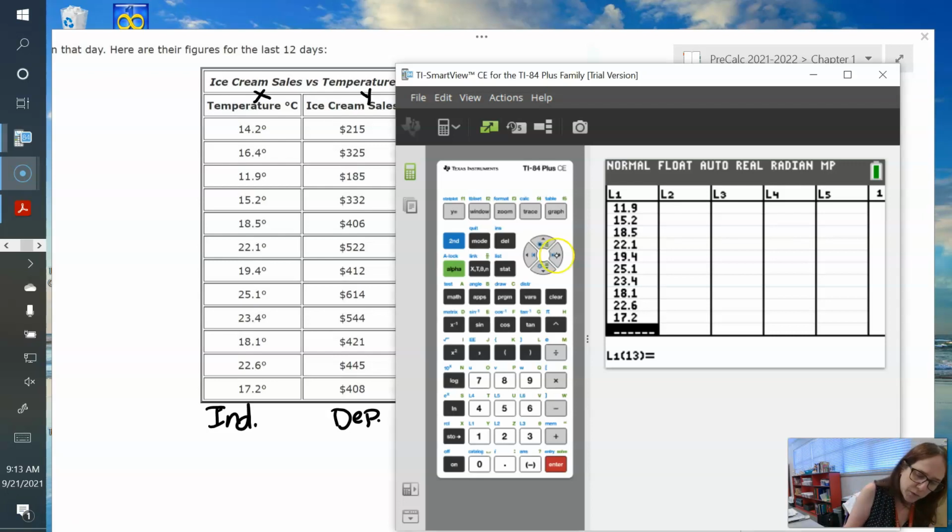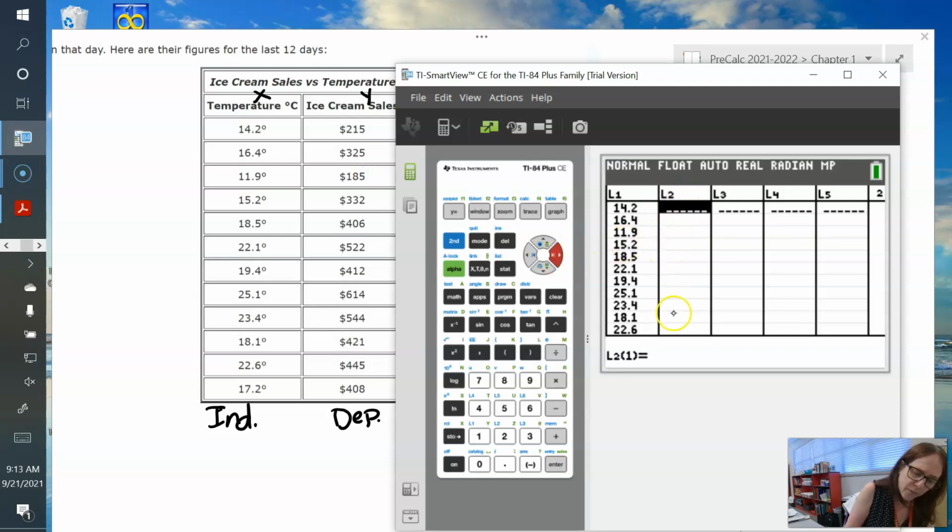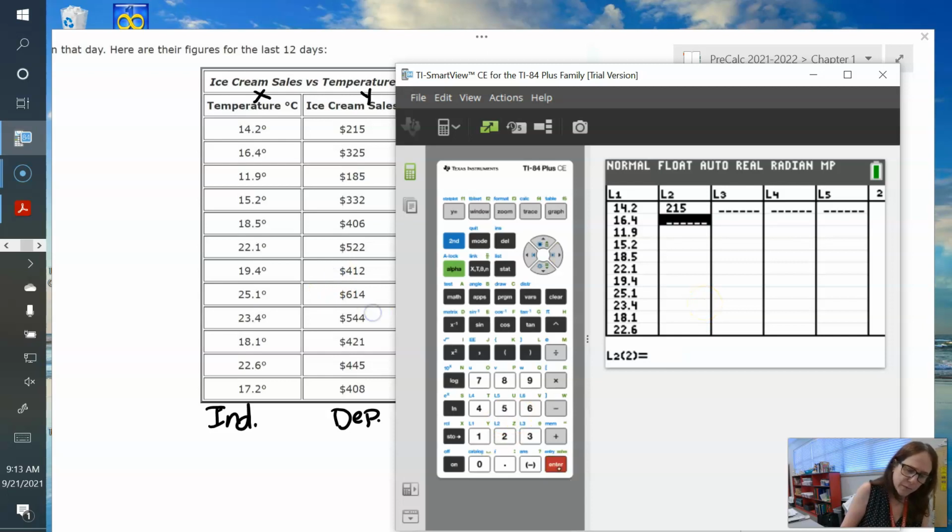Now L2 is going to be where our Y values are. So all I did is I arrowed over to the right. Now I'm ready for my L2 column. And I'm just going to enter those numbers.